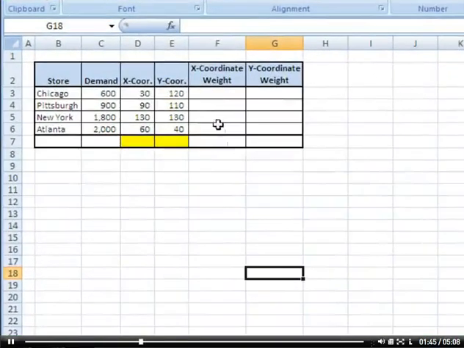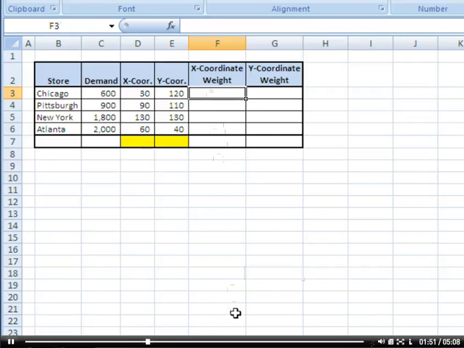Here's our given data in Excel, and to make the calculations we first want to get the weighted X coordinate. That is done simply by taking the demand and multiplying it by the X coordinate. And the weighted Y coordinate is done the same way, taking the demand and multiplying it by the Y coordinate.